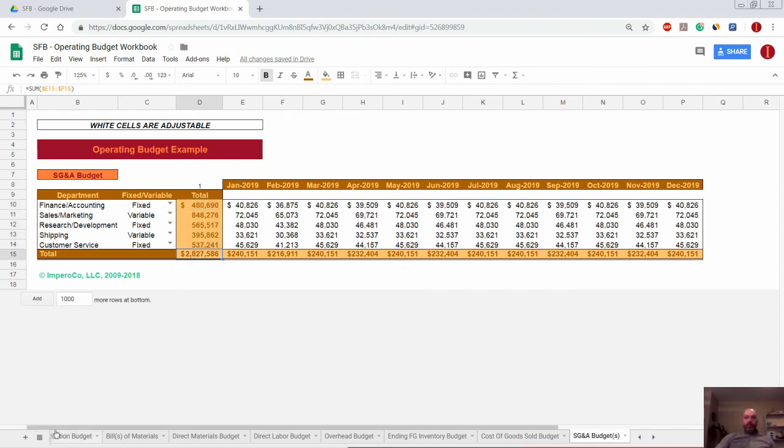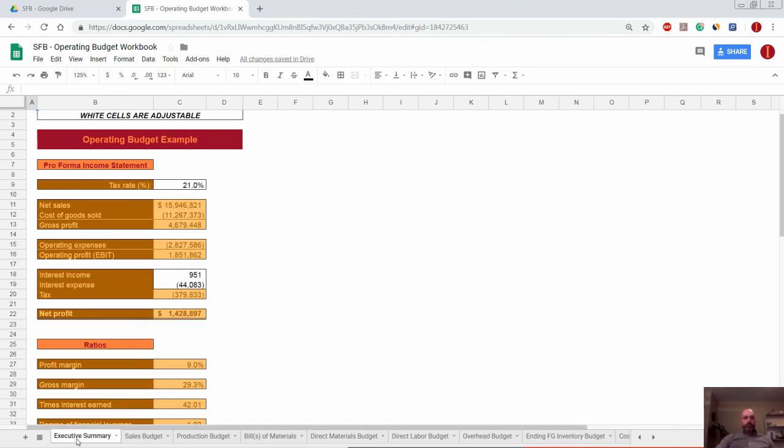So finally, we have worked our way through each budget, and we get to see the fruits of our labor. Okay, in the form of a pro forma, which means expected income statement. All right, so all we got to enter here is a couple of other things that weren't addressed over the course of all those budgets. We're going to have our tax rate of 21%.